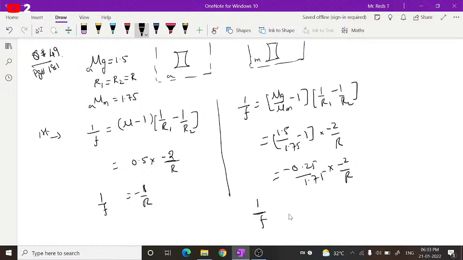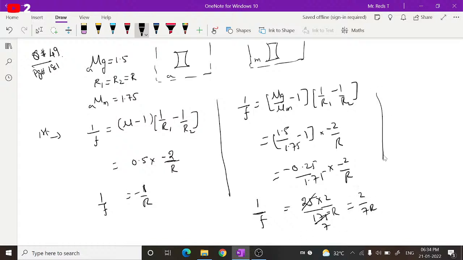So 25 by 175 into 2 by R. 25 into 2 by 175 R. Here 25 goes into 175 seven times, so it is equal to 2 by 7R, which is 1 by f.